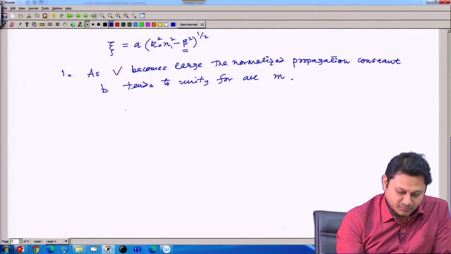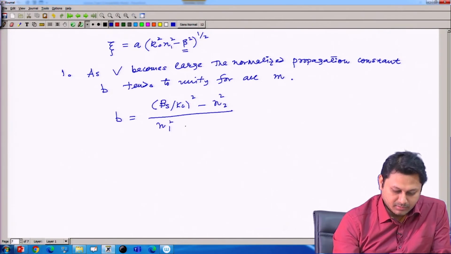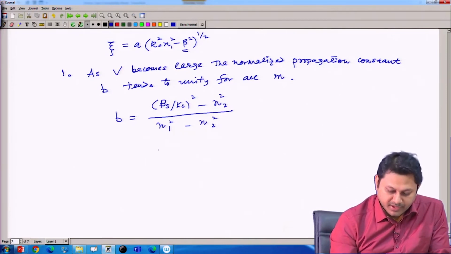Next, by the way, B is (beta squared divided by k0 squared minus n2 squared) divided by (n1 squared minus n2 squared). And we now define something very interesting, which is called the effective refractive index.